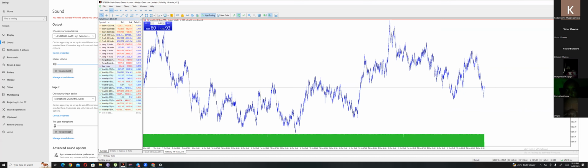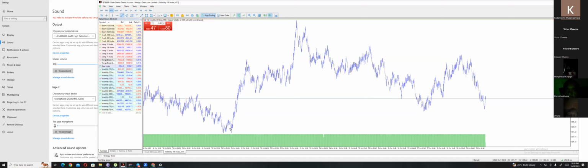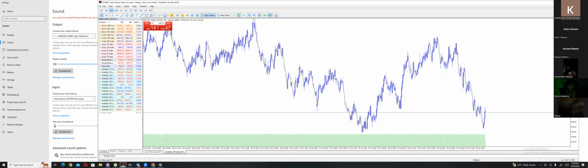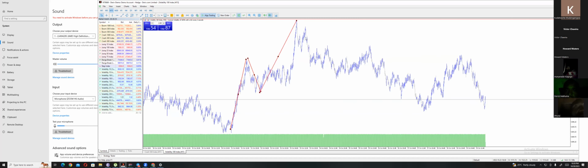What you're going to see here is we have structure that is going to the upside. So this is my high, this is my low, this is my high, right? Keeping it in mind, I also have another structure here. This is my low.